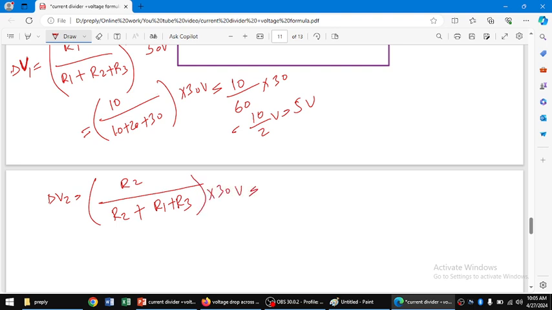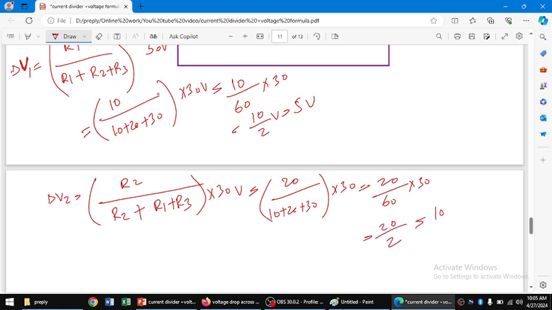So R2 is 20 divided by 10 plus 20 plus 30, multiplied by 30, so 20 over 60 multiplied by 30, that gives us 10 volt.